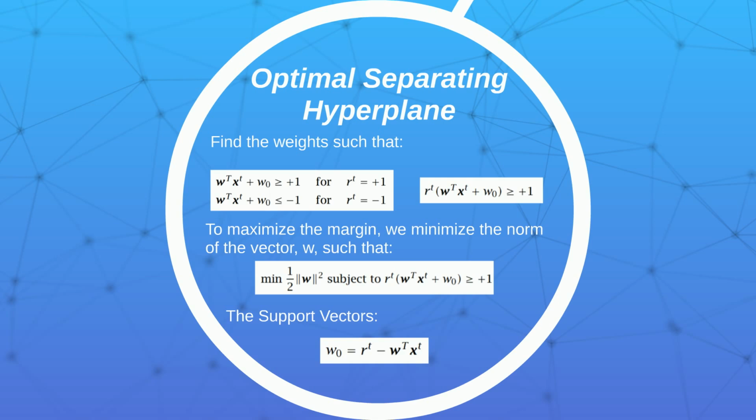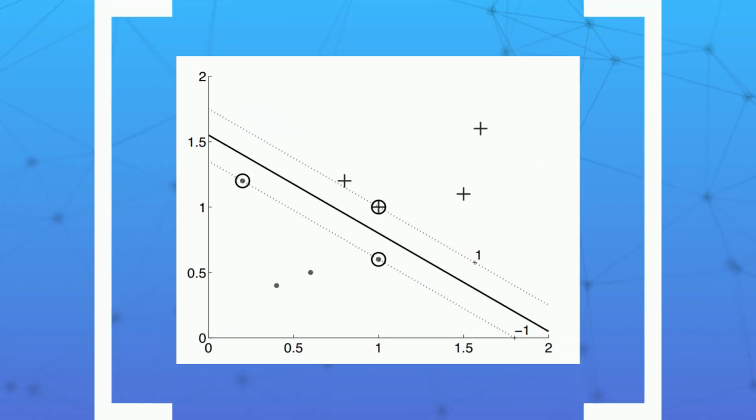So if you really want to dive into the math behind that, you can look up Lagrange multipliers online and how they are applied to find the support vectors in SVMs. However, for now, it's worth noting that only the points that lie on the margin are going to be referred to as support vectors. So let's take a look at an example here.